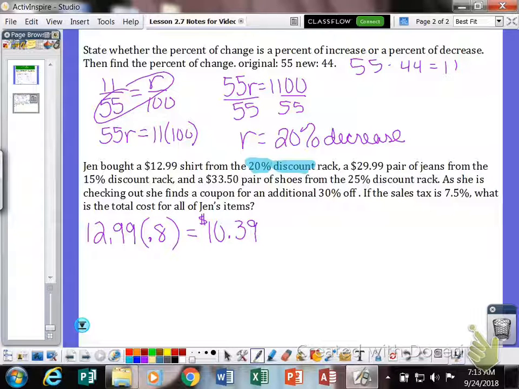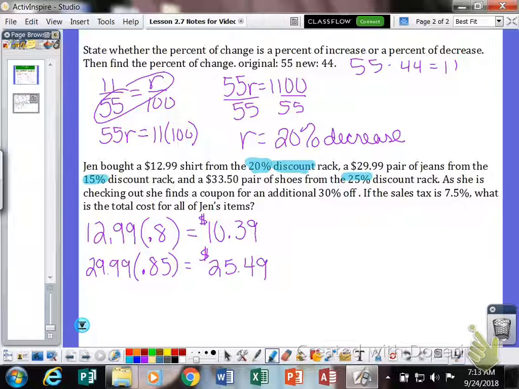Then she's getting a 15% discount, so that means she's paying for 85% of the jeans. So $29.99 times 85% is going to be $25.49.